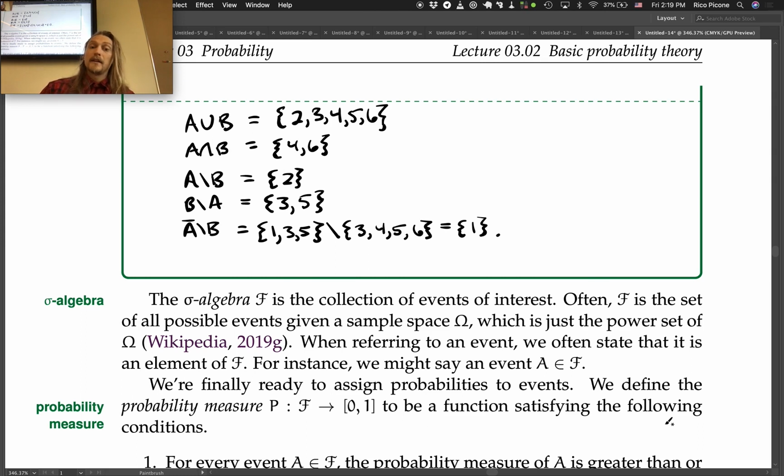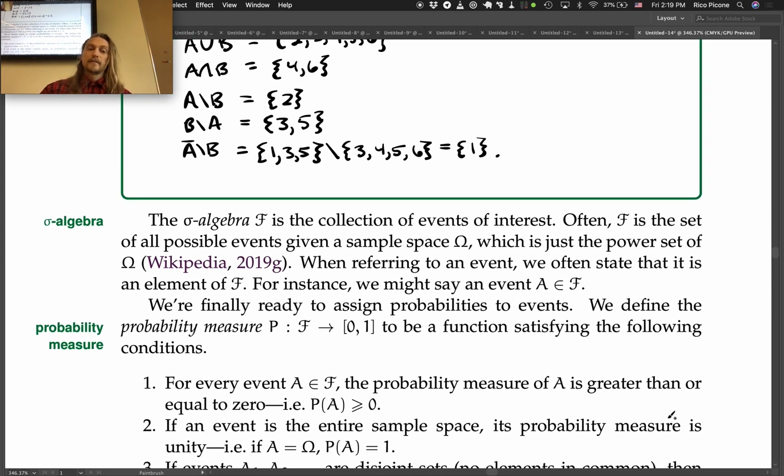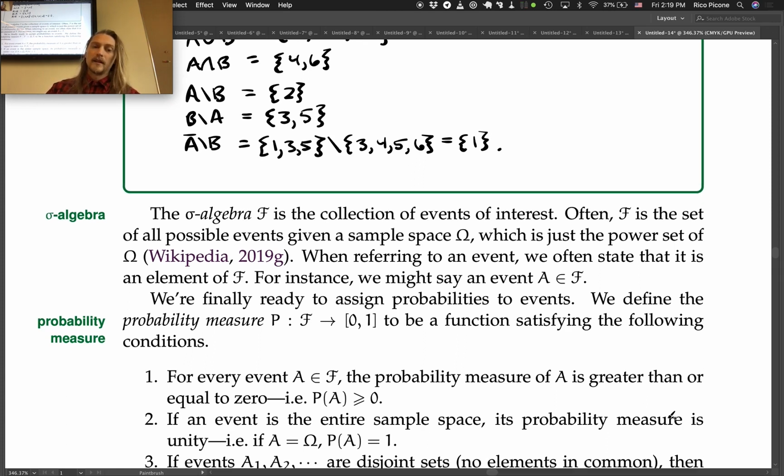We're finally ready to assign probabilities to events. We define the probability measure as being a map from the sigma algebra F to the interval 0 to 1. It's a function satisfying the following conditions.